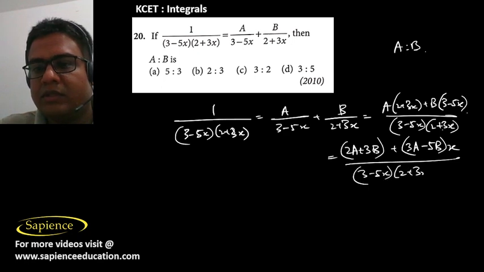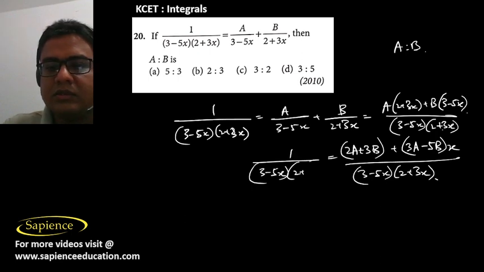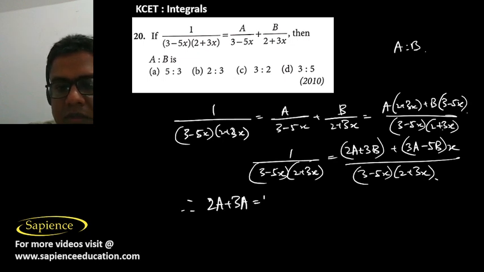So this will be (2a plus 3b) plus (3a minus 5b) into x, divided by (3 minus 5x)(2 plus 3x). If we compare the numerators on both sides, then we have 2a plus 3b equal to 1 and 3a minus 5b equal to 0.